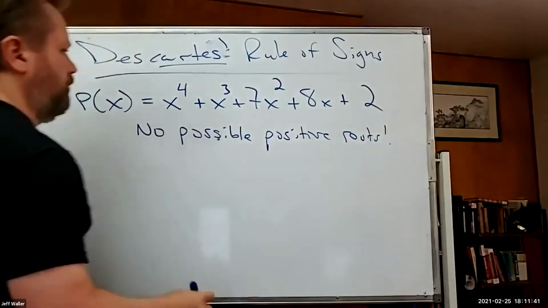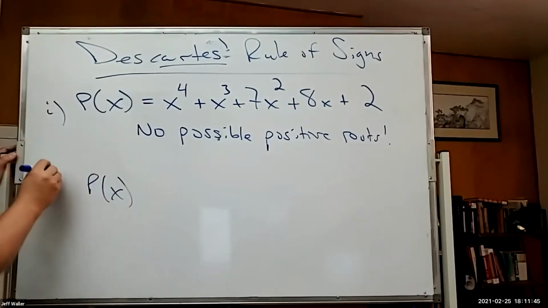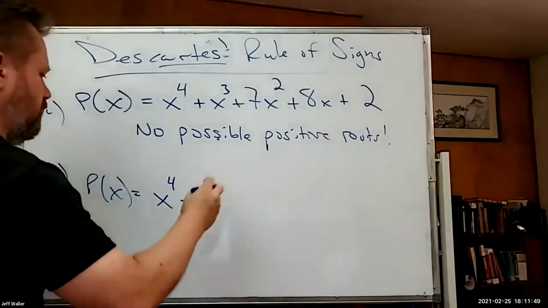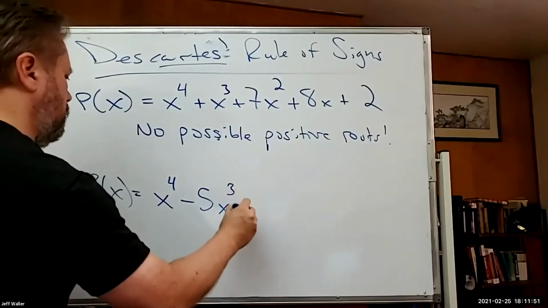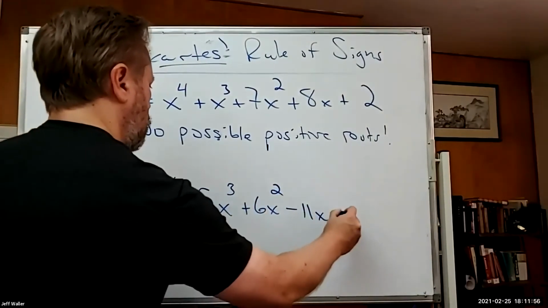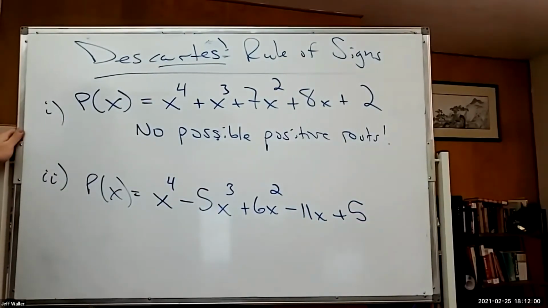All right. So what about if I had a polynomial that looked like this? Let me make different numbers just to be different. There. All right. Neato.